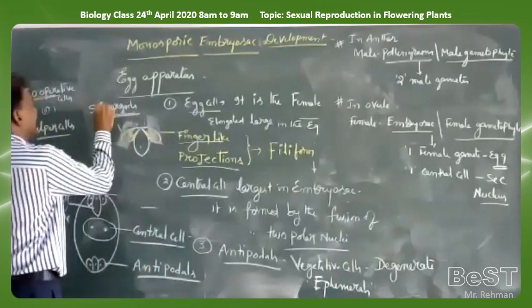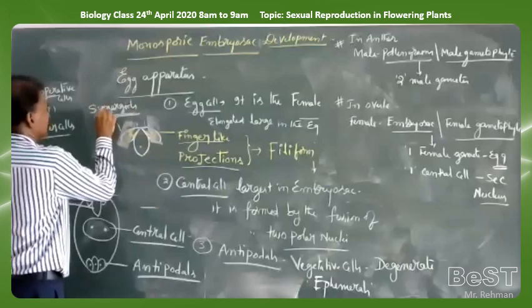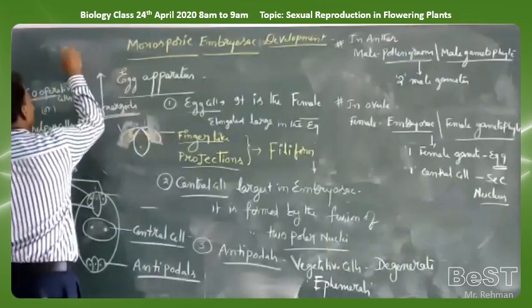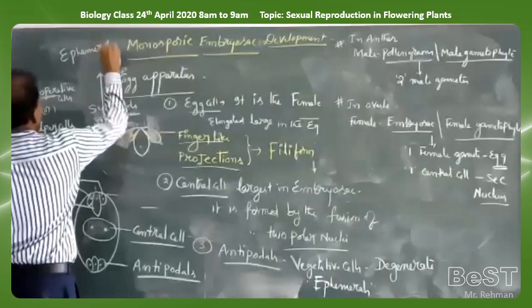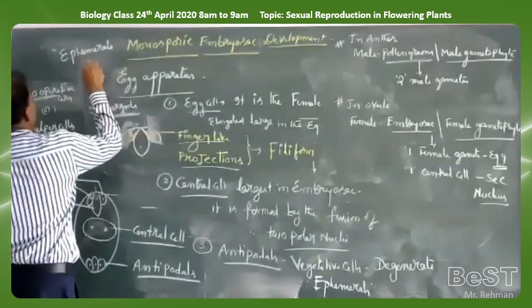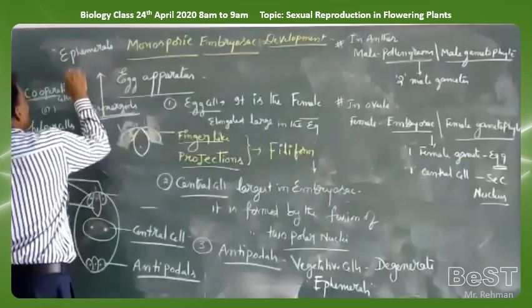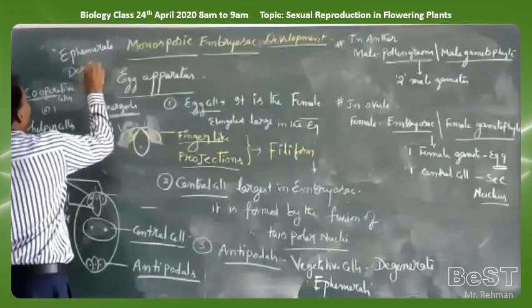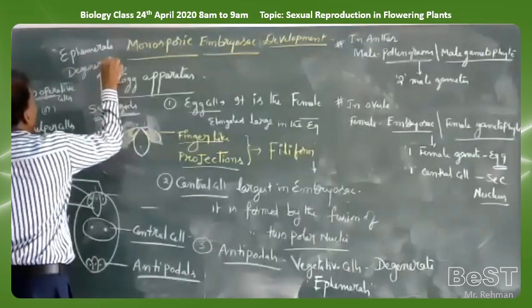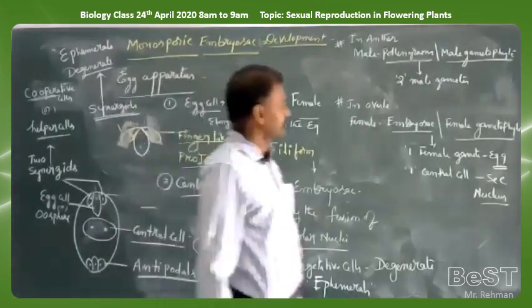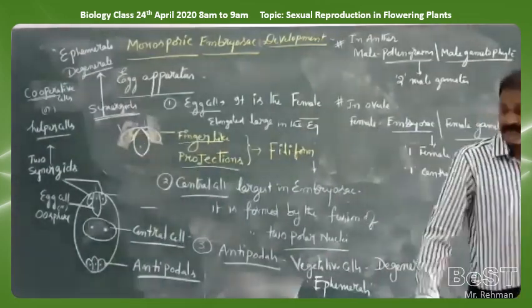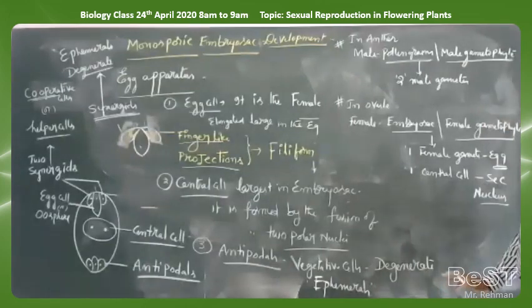So synergids are cells which are called ephemerals, short living, and they will degenerate after fertilization.